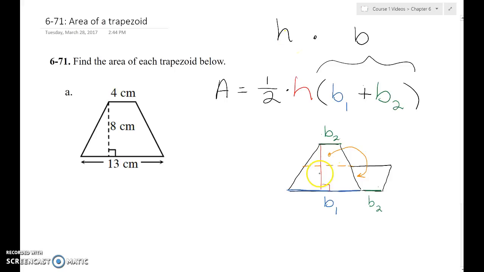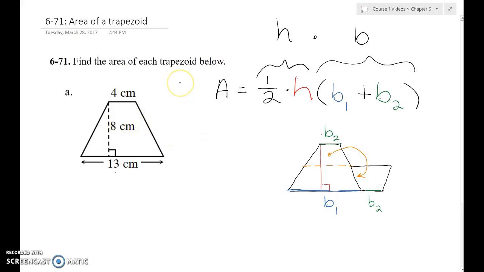And the height of our parallelogram is only half of the height of our trapezoid, because we took half and flipped it over.